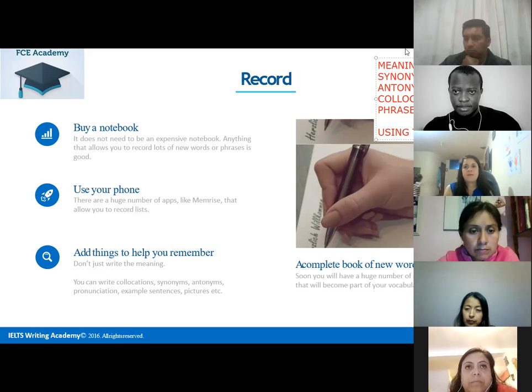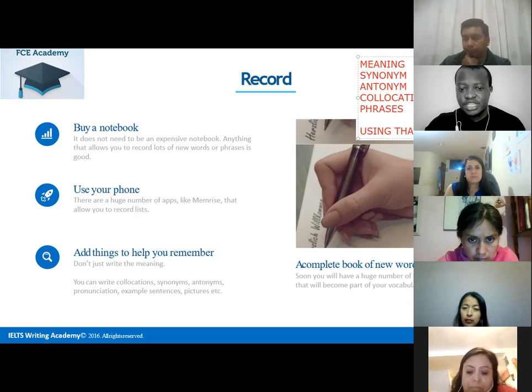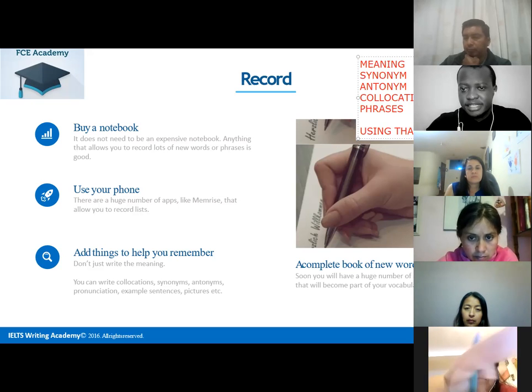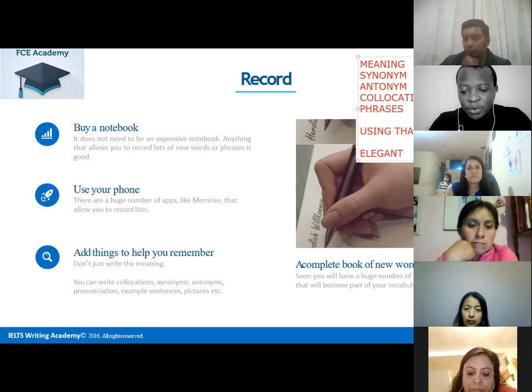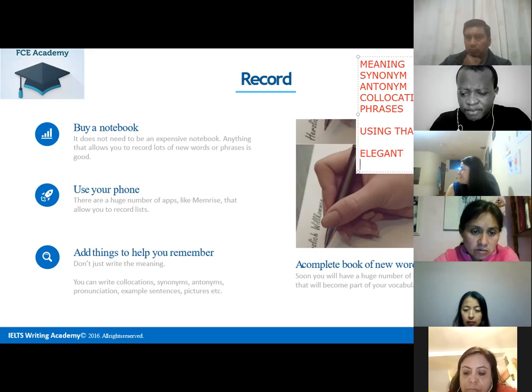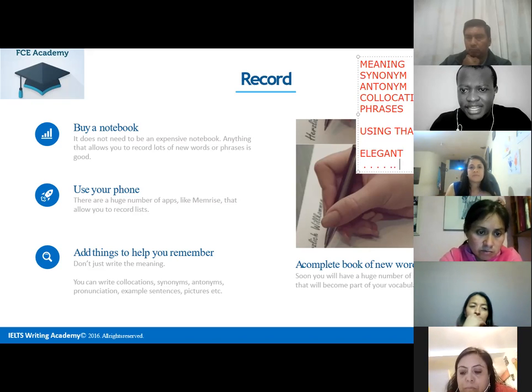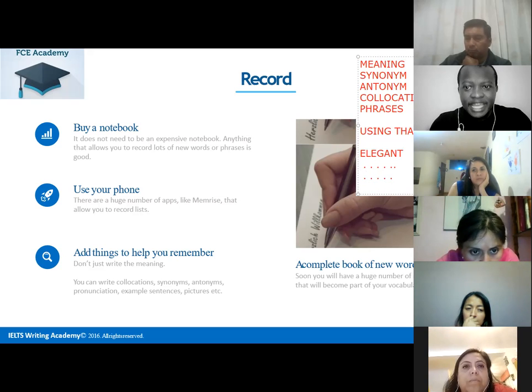Okay? For example, when you come across a word, let's say the word is elegant. What is the synonym for elegant? You note it down. What is the antonym? You note it down. What is the collocation for elegant?